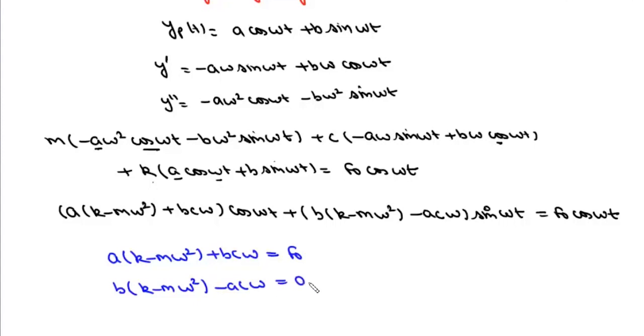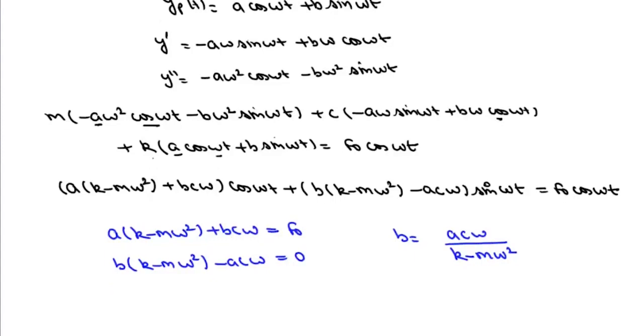Now from here we have to find the value of a and b. So basically these are two linear equations. From the second one we can write b as ac omega upon k minus m omega square, and we'll put it in the first equation.